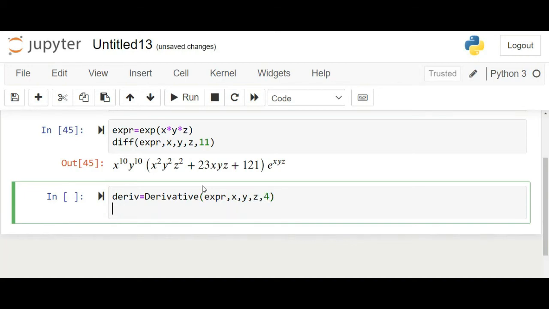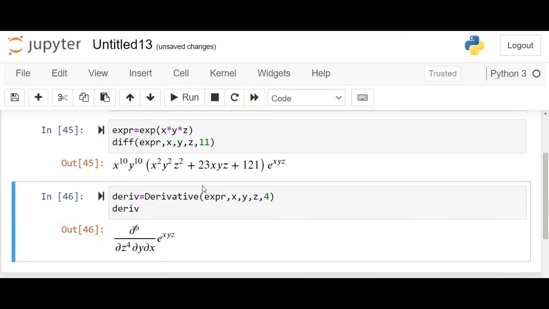And here I will write the triv, okay, then control and enter.